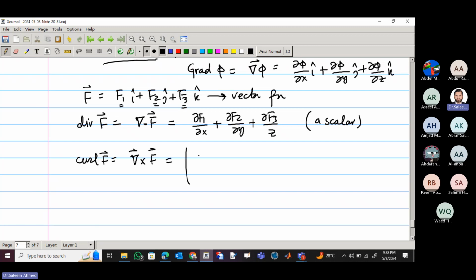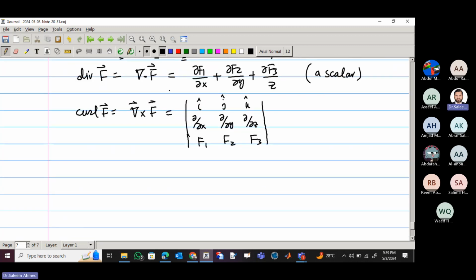You know that the cross product is by finding this determinant, where we write the del in the second row: partial by partial x, partial by partial y, partial by partial z. And we write the components of vector f in the third row and find this determinant. You know how to find this determinant.